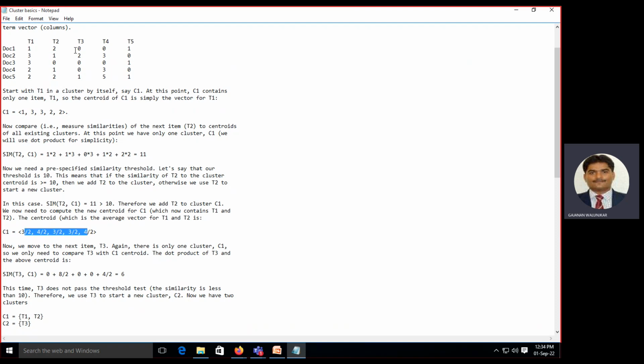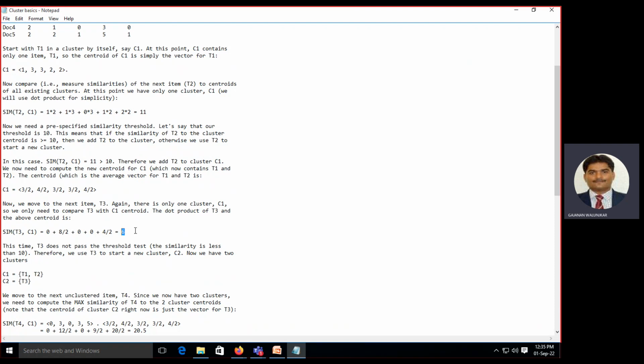That means 0 into 3 by 2, then 2 into 4 by 2 and so on, plus 4 by 2, then 0 into 3 by 2 plus like this. So you will get the value 6 here, which is below the threshold. So you need to create a new cluster, that is C2, and place T3 inside C2.